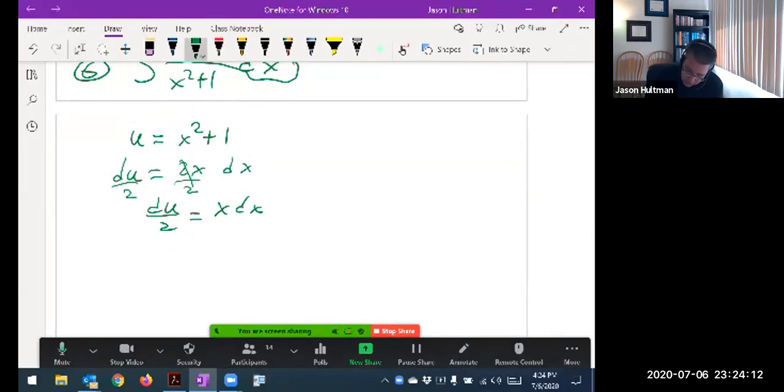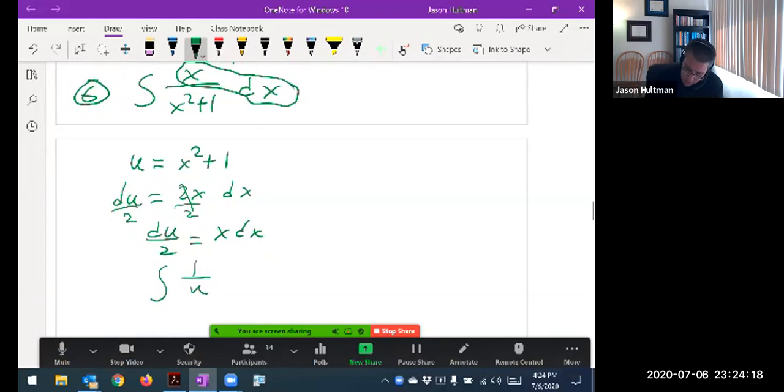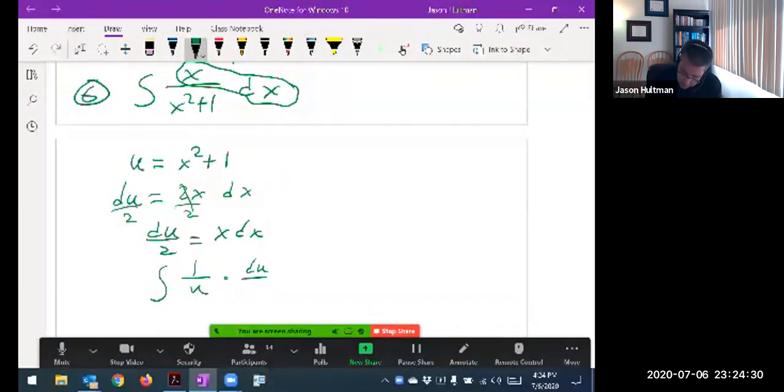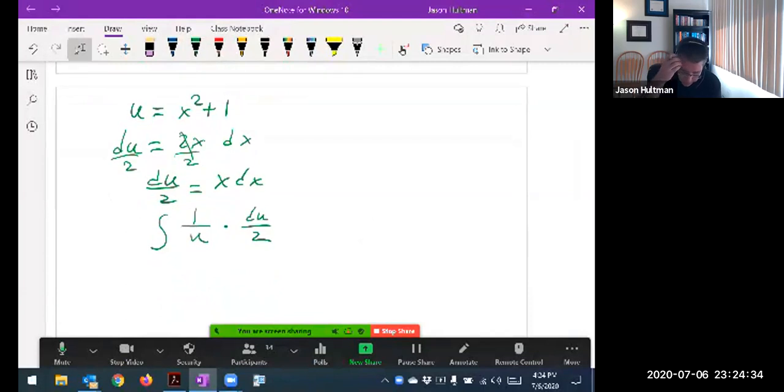Let's go integral of 1 over u. Why that? Because the x squared plus 1 is in the bottom. We're going to go 1 over u times du over 2. I could pull the 1/2 out if I really wanted to, but I don't really need to at this point.